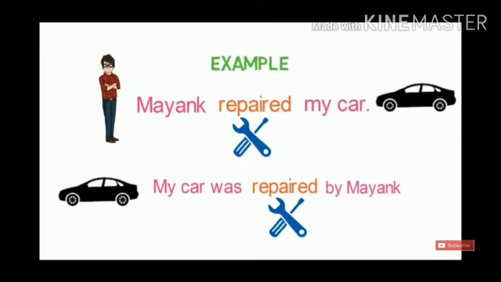We get to know the person performing the repairing action on the object, my car. In the second sentence, the importance has been given to the object, my car, and the action performed by the subject. We generally use active voice while speaking.